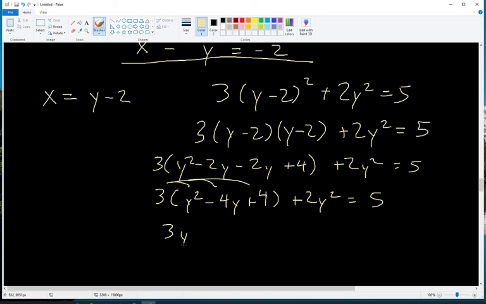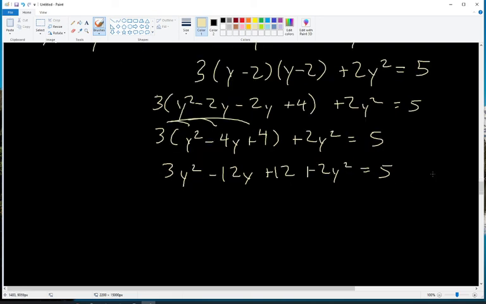So 3y squared minus 12y plus 12 plus 2y squared equals 5. Oh, good. Let's see. 3y squareds plus 2y squareds is 5y squareds minus 12y. And then the positive 5 here needs to subtract on over. 12 minus 5 is 7.